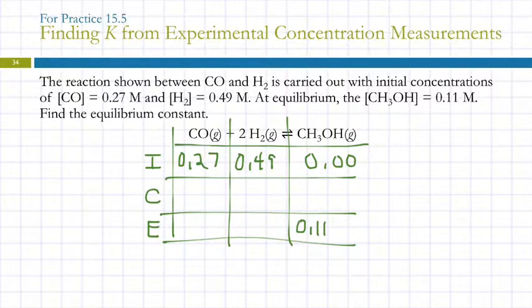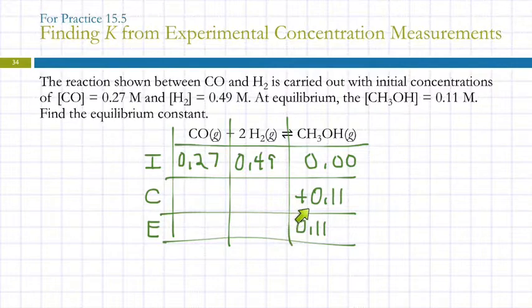We're given an equilibrium concentration for the methanol is 0.11. So now we have to figure out what's happening. Well, we're going to look at the methanol because that's the one that we know the ending for, the equilibrium concentration. So it started at 0, it ends up at 0.11. So this must have a change of 0.11. Okay with that?